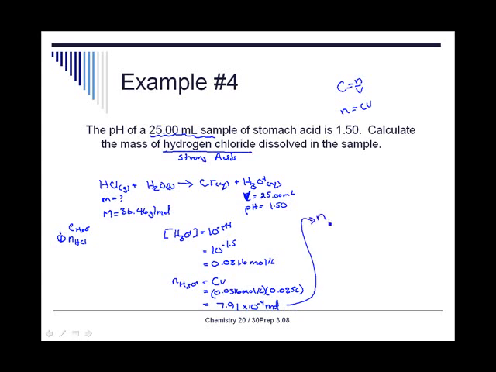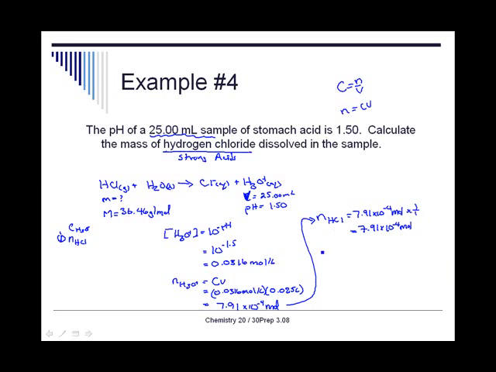Now we can find the number of moles of HCl, which will be our 7.91 times 10 to the negative 4 moles times our mole ratio, which is 1 to 1. The nice thing about these acid-base problems is our mole ratio is always going to be 1 to 1, or almost always. And so the number of moles of hydrochloric acid, or hydrogen chloride, doesn't change.